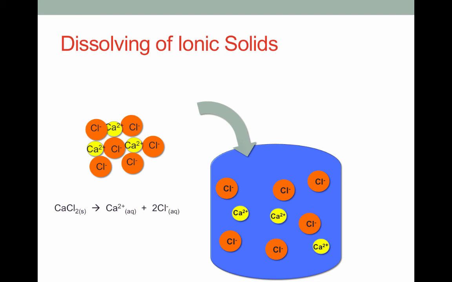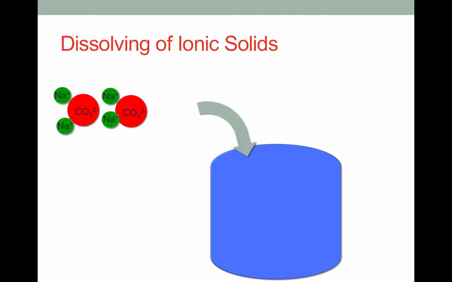Our solid CaCl2 dissociates into aqueous Ca2+, but it also forms 2 Cl- ions for every 1 Ca2+ ion. Therefore, our dissociation equation is CaCl2 yields 1 Ca2+ and 2 Cl- ions. Notice the coefficient, or the large number written before each substance, tells us the ratio in which they exist.